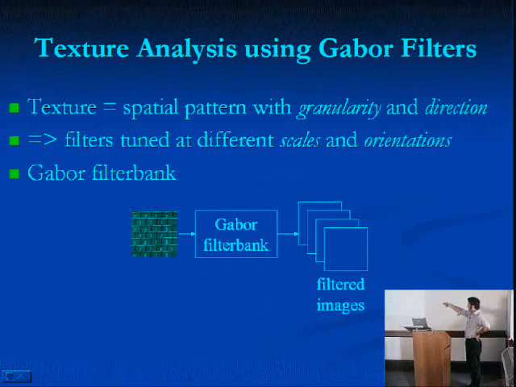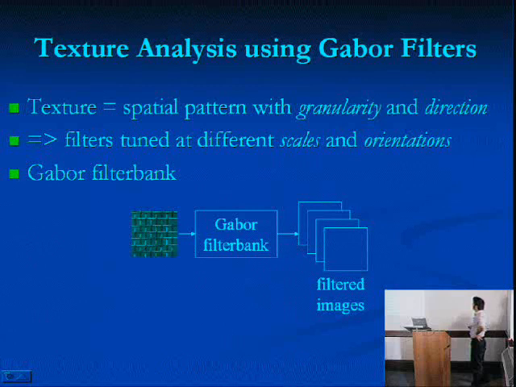What we're going to do is apply a bank of filters called a Gabor filter bank, where there are filters tuned to different scales and different orientations. Different scales capture this measure of granularity, and different orientations capture the concept of direction.